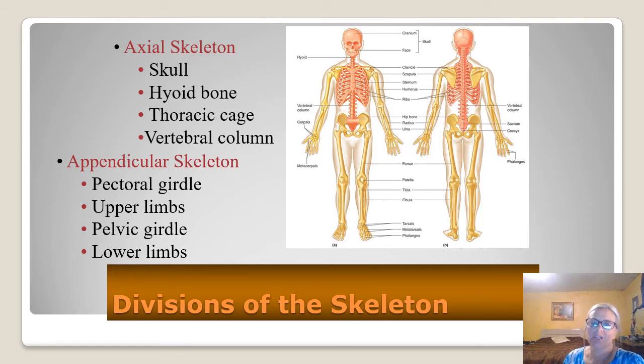And then we have the appendicular skeleton, which is going to be the pectoral girdle, which is going to be this area here. That's the pelvic girdle. Sorry, the pectoral girdle is over here. Upper limbs and then the lower limbs.